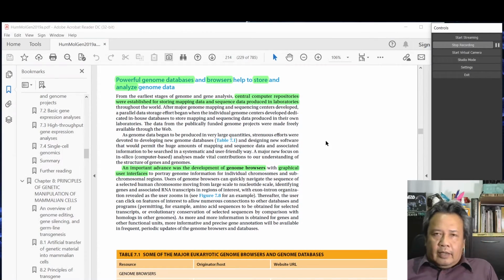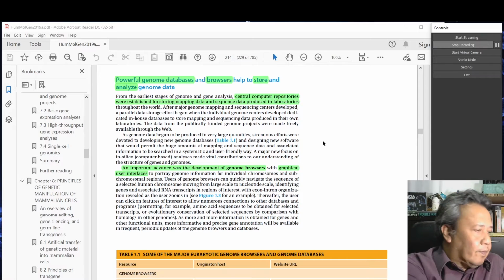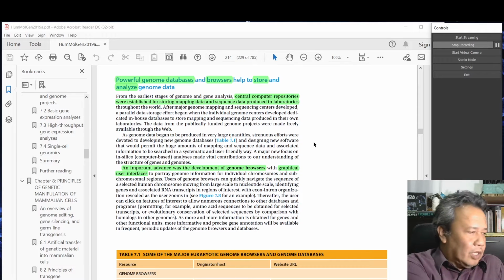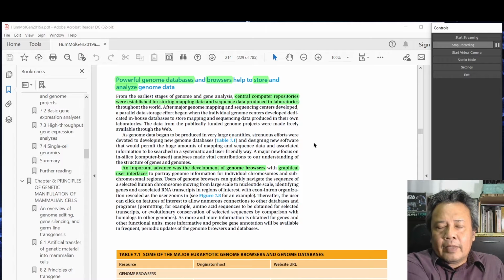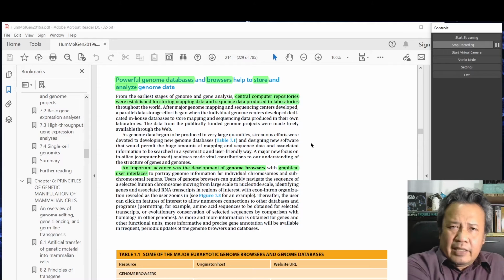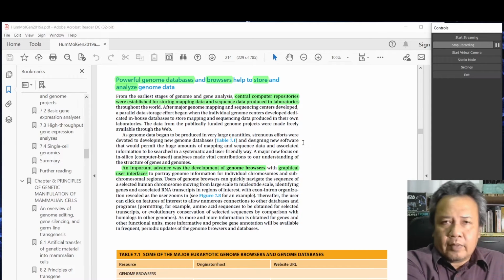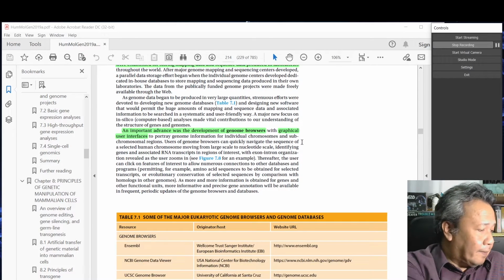Hello again. In the previous video, I mentioned powerful genome databases and browsers that store and allow analysis of the genome sequences, and they also provide a graphical user interface that makes it easy for the average scientist or even the layman to understand.